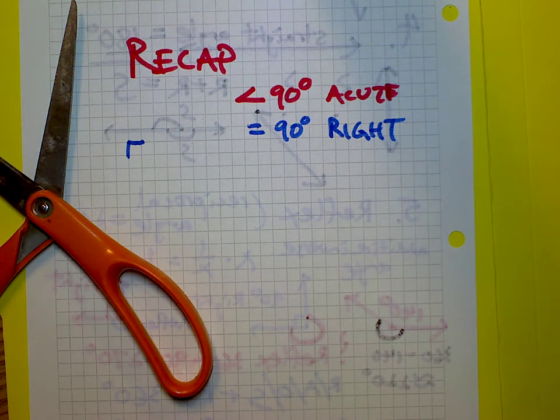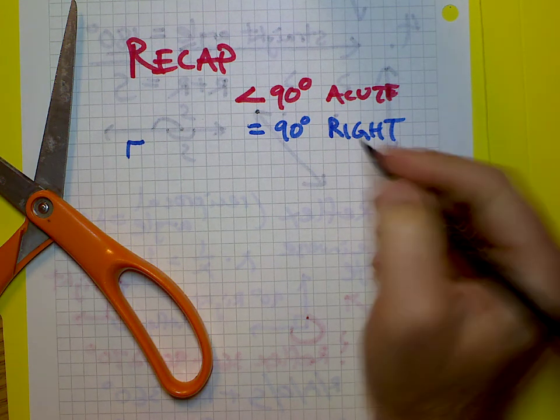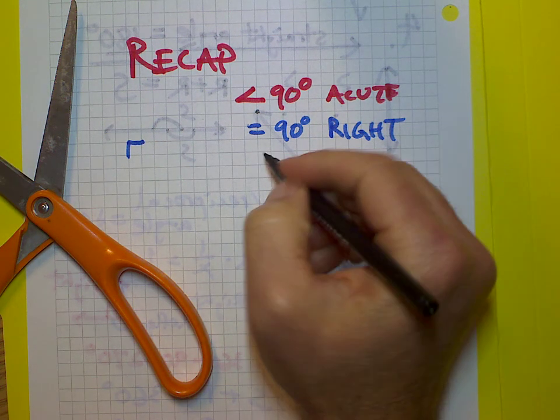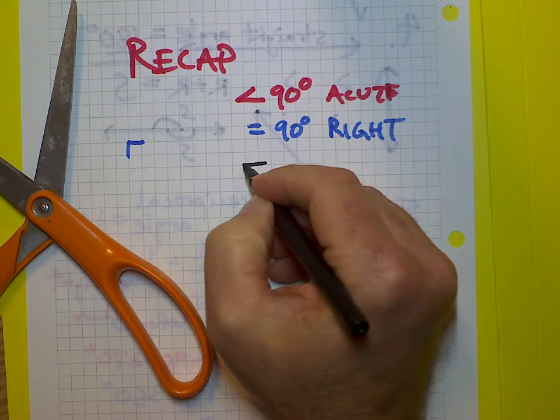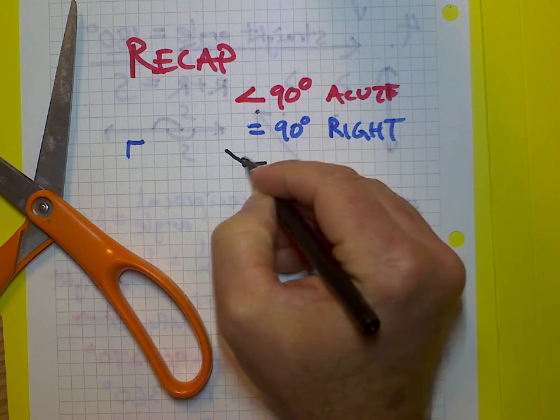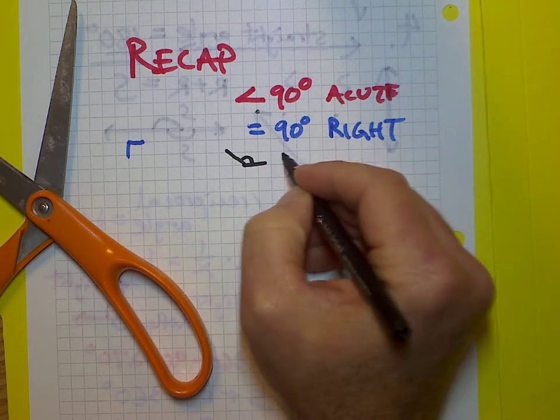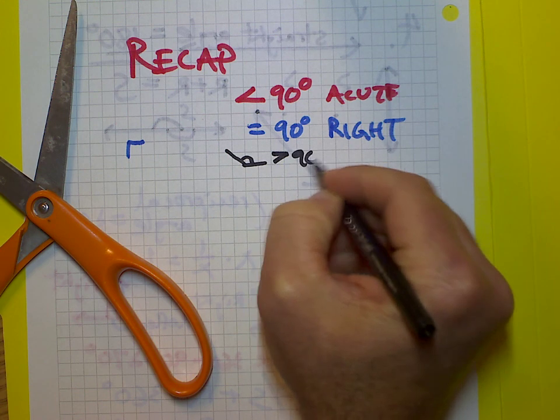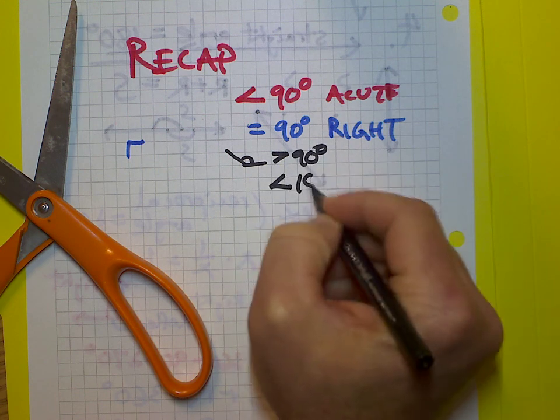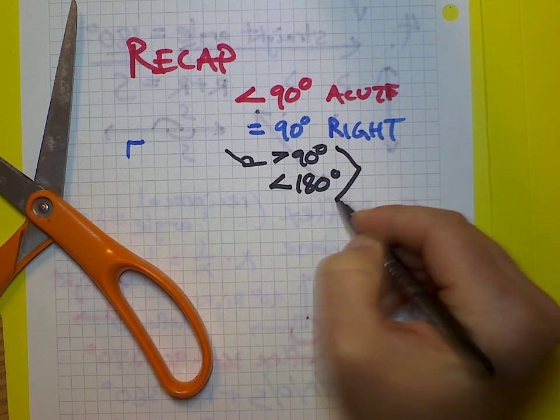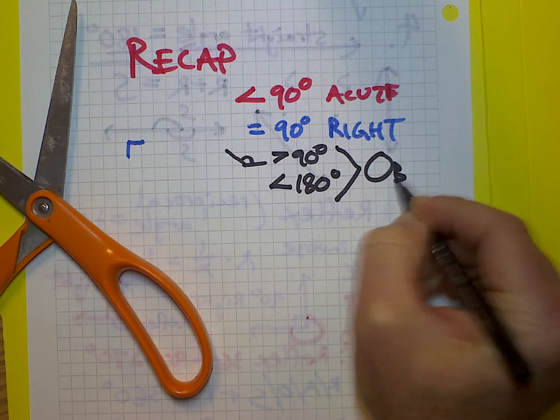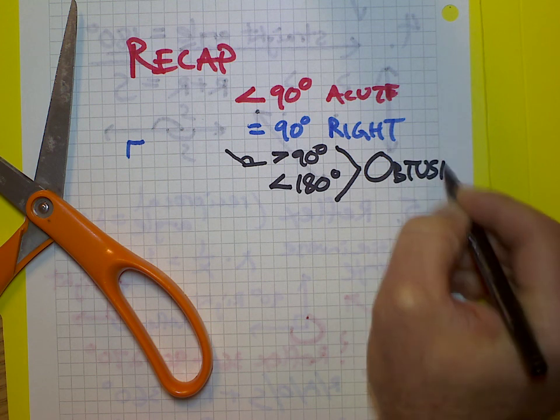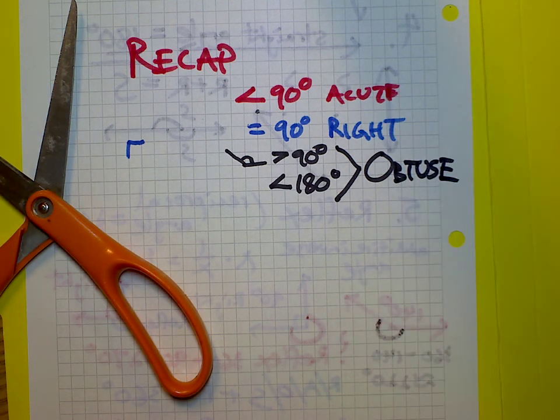Okay. We did 5 of them. What's the next one? What's another one? The next bigger one. We want greater than 90, less than 180. What's that equal? Thank you, Captain Obtuse. Okay, we got 2 left.